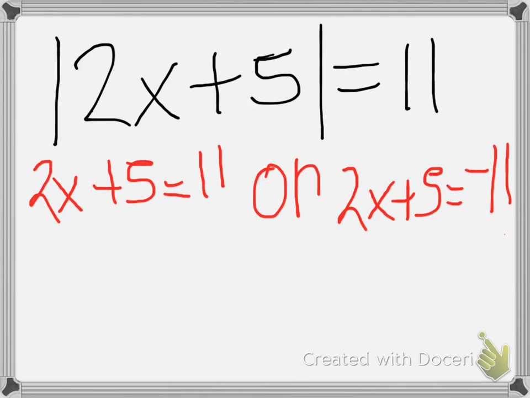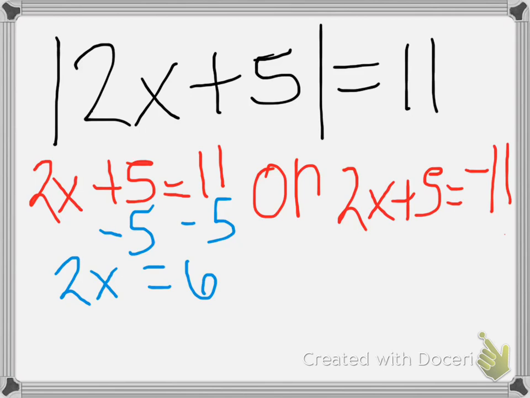So I'm going to solve each equation separately. I'm going to look at my 2x plus 5 equals 11. And remember, I want to solve for x. I want to know what x could be here. So we undo the addition or subtraction first. I'm going to subtract 5 from both sides, which simplifies to 2x equals 6.